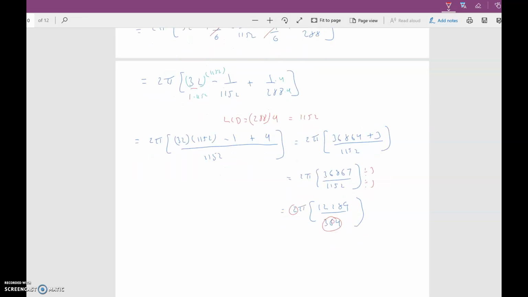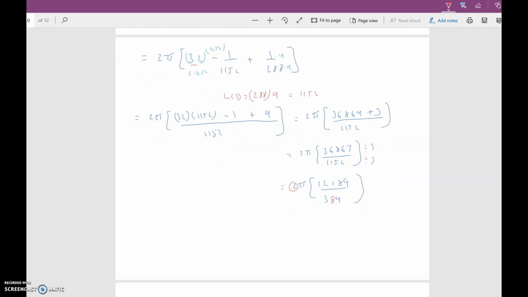Okay, this is 384, not 364. So 384 divided by 2 is 192.